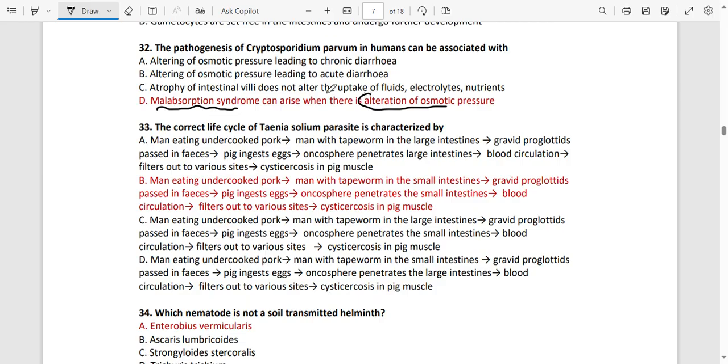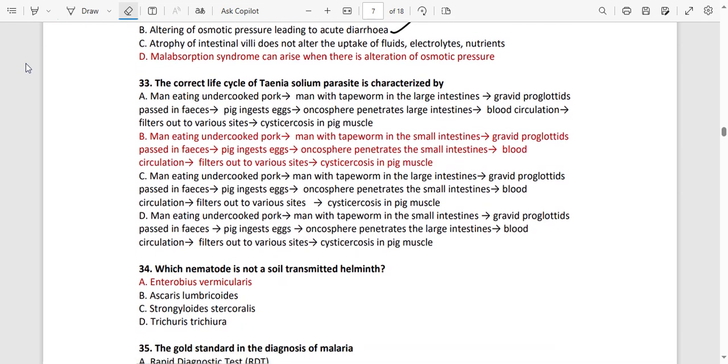So I thought these were two different options which have been combined, like there is malabsorption and alteration. So this is not there. Yes, this is the best. So there is the alteration of osmotic pressure, and malabsorption is about atrophy of the villi. Thank you so much for that.